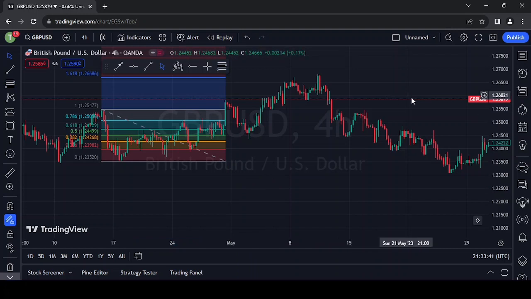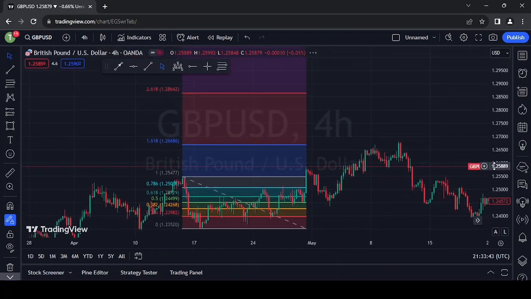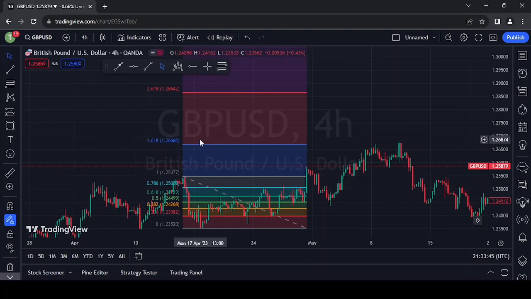There's something I want to show you. You can see this point, this 1.618, 2.618, these are 261.8 and 161.8 percent.